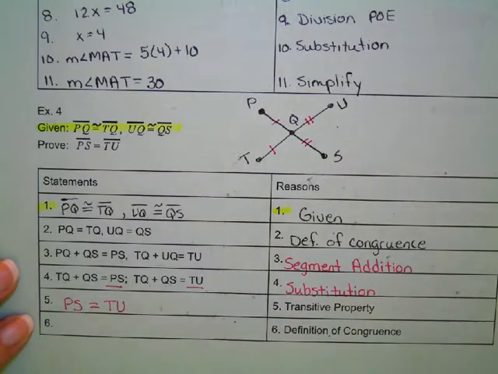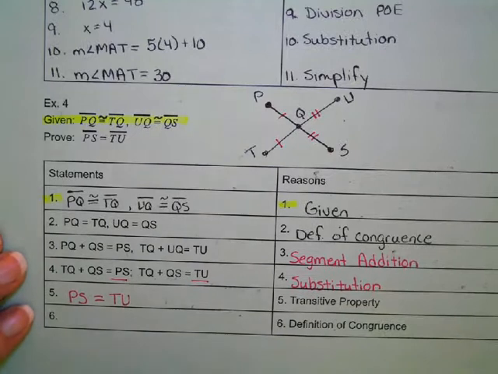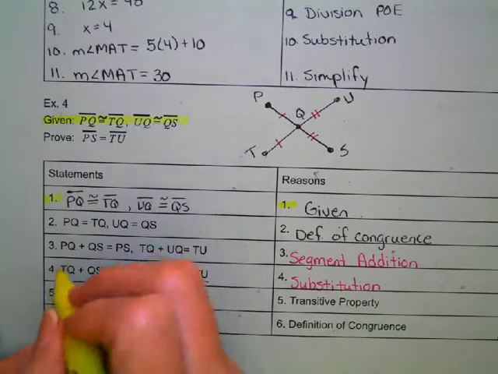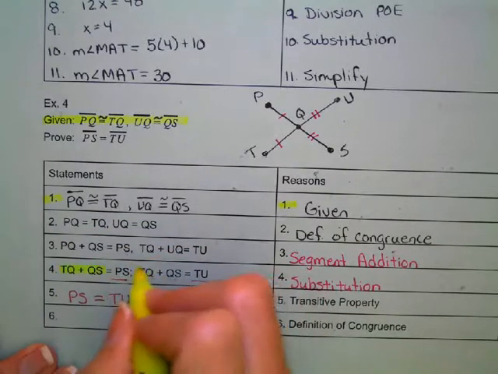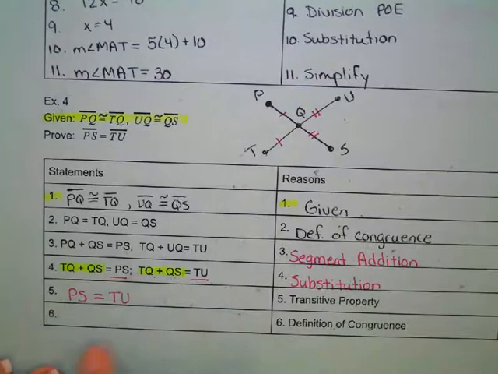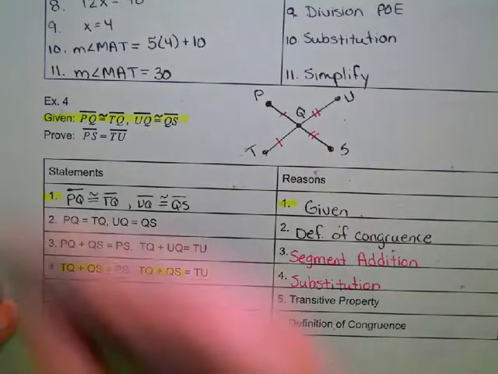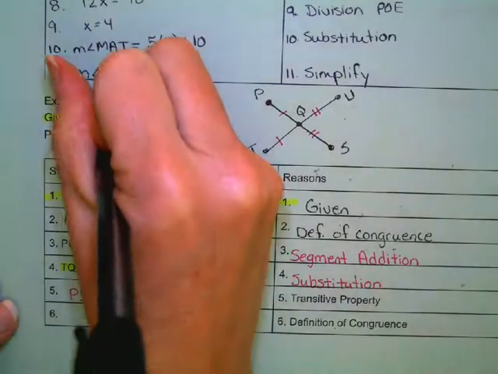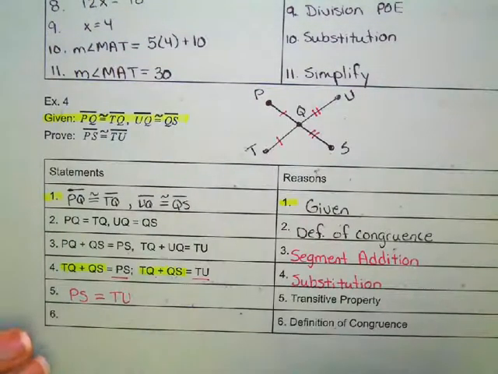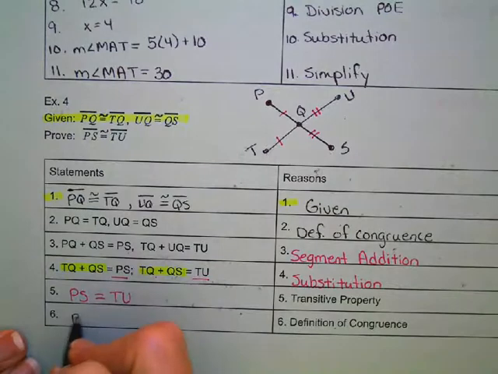That's called transitive property. I'm going to highlight that. If you see this and this is exactly the same, therefore those two things have to be equal. Again, when I copied this, I didn't put that little mark there. So by the definition of congruence, they're saying now PS is congruent to TU.